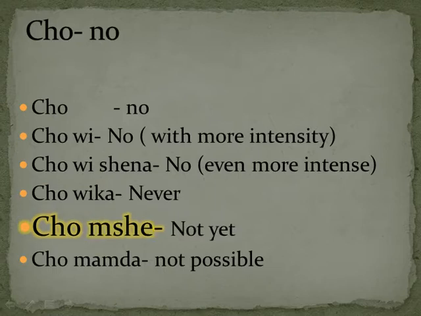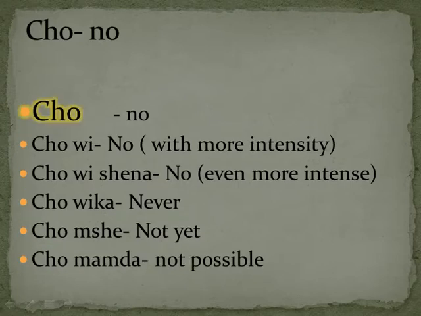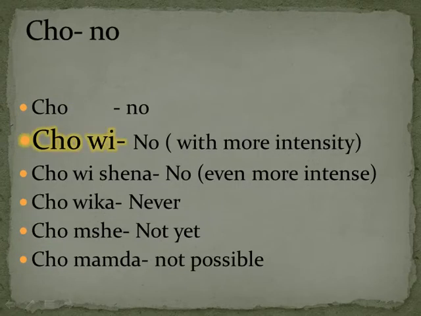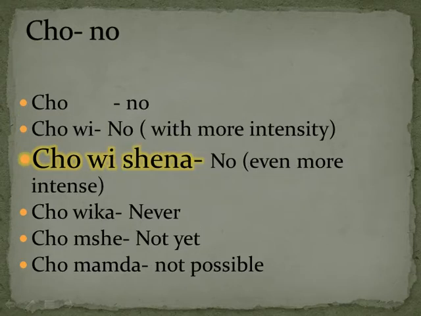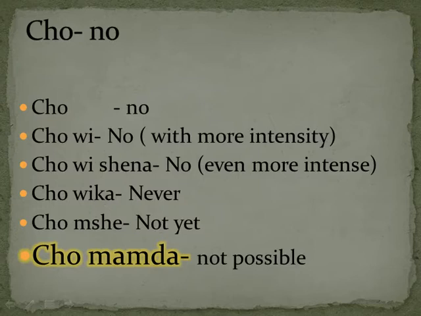And then chomshe means not yet. You kind of flow into that M. Chomshe, not yet. And then chomamda, it's not possible. So again, you have cho, chowi, chowijana, chowika, chomshe, and chomamda.